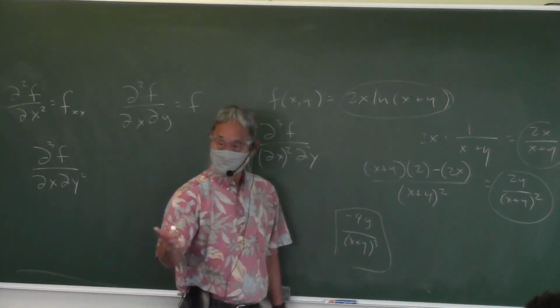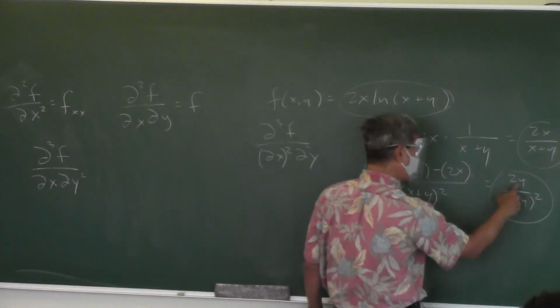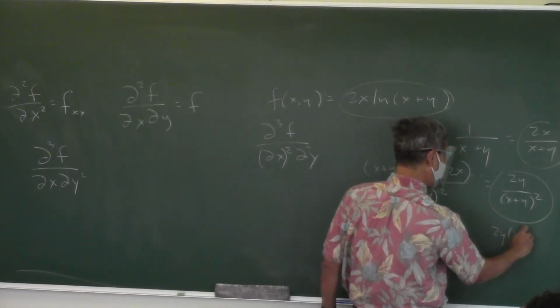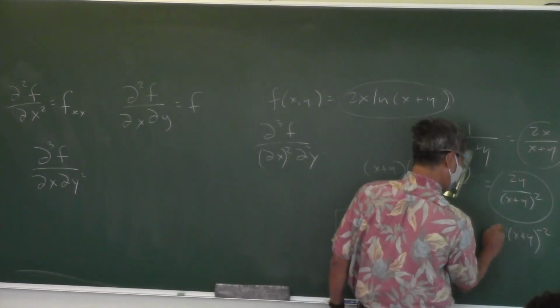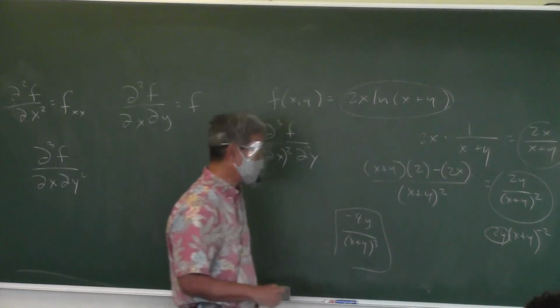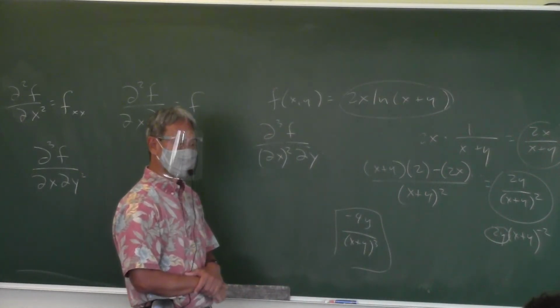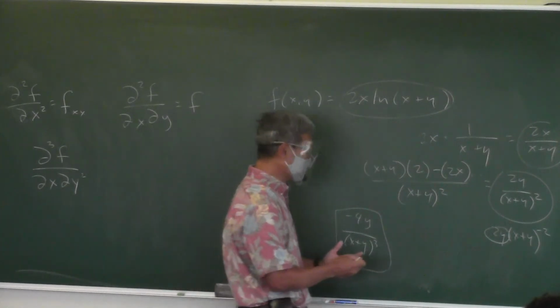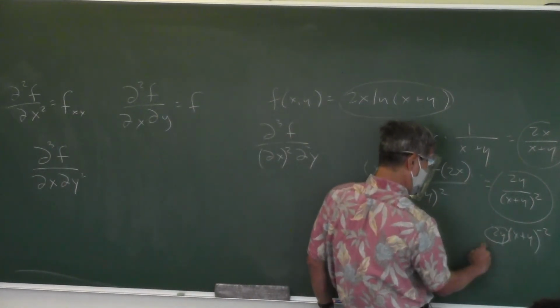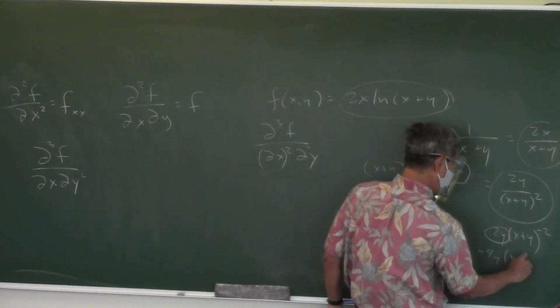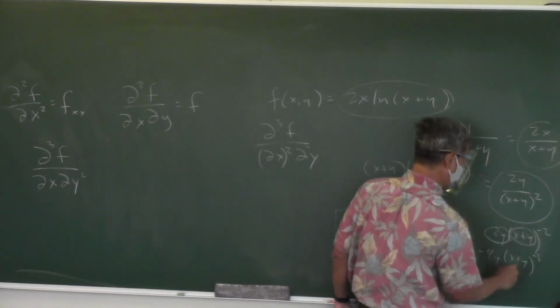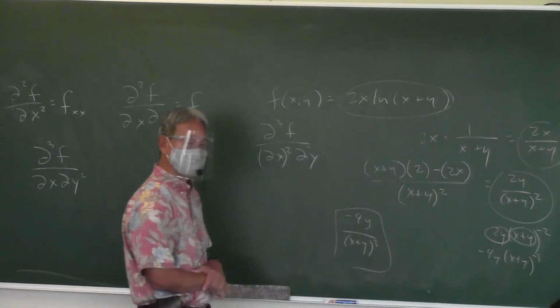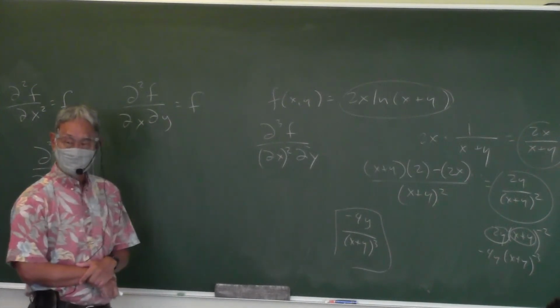This is the same thing as 2y times x plus y to the negative 2. This is a constant, so you don't have to use the product or quotient rule. When something is a constant, you toss it on the side like an unwanted pet, right? So negative 4y times x plus y to the negative 3 times the derivative of that, which is simply 1. And that's how you get that thing right there.